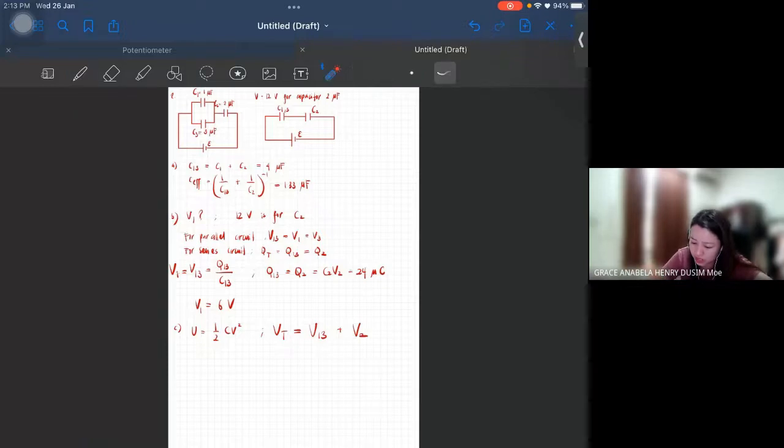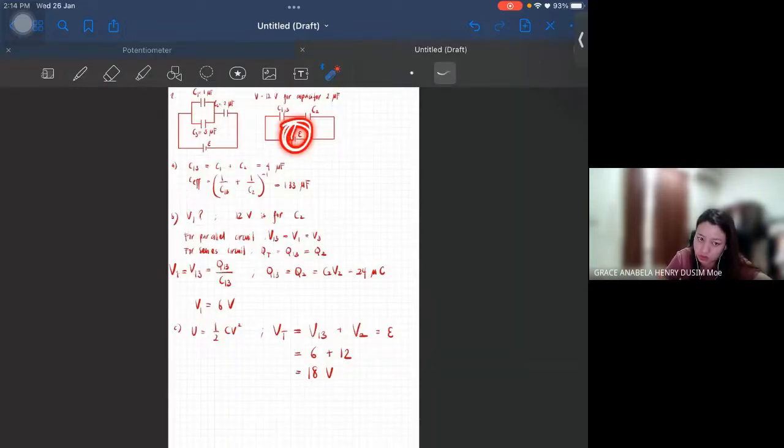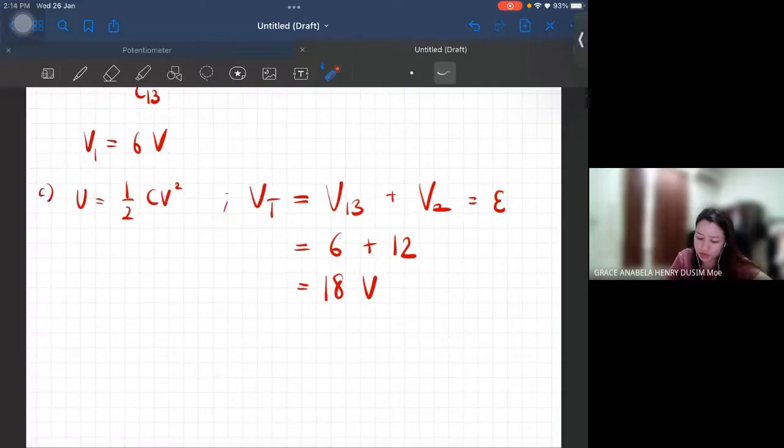So it is basically the addition of these two voltage lah. Okay, so we have V13, which is equal to 6, and then V2 is given as 12, so this would give us 18 volt. This is the EMF lah, EMF of the cell based on this diagram here. Okay, so dapat 18 volt.